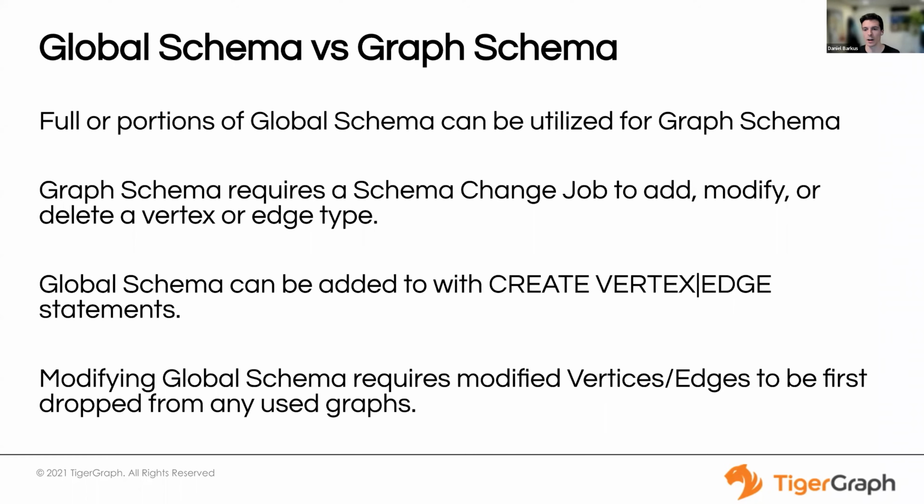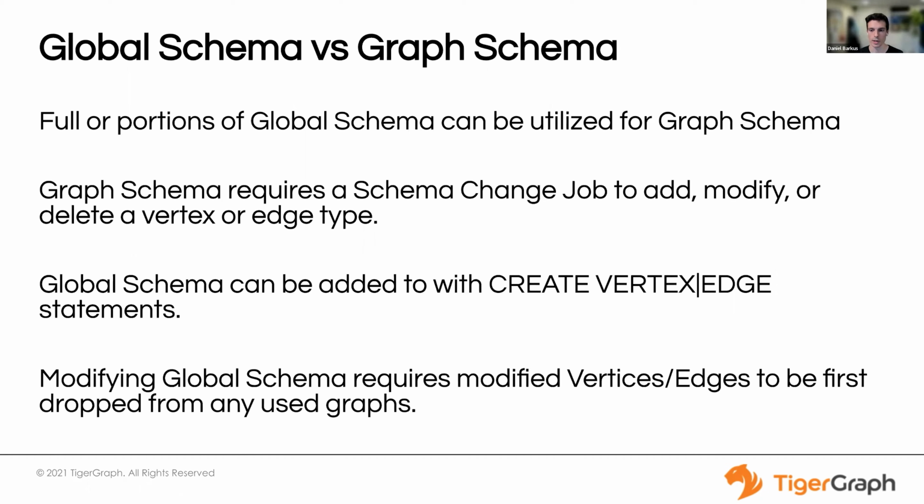So that creates an extra process where you have to drop and then re-add those components to the schema. But what this does do is maintain that they will be consistent across all of your graphs. If you're using the global schema as intended and you have a vertex type that you want to be replicated across all of your graphs, then it makes sense that any updates you make to it on a global level should have to propagate down to all of your graphs. And just because of that process, you do have to drop and then re-add those to your schema.